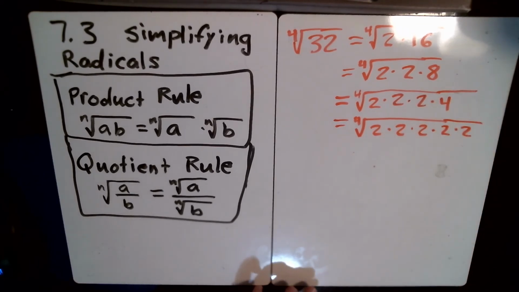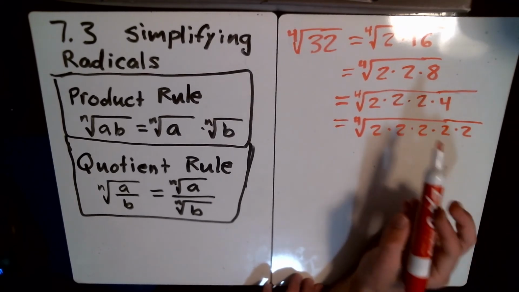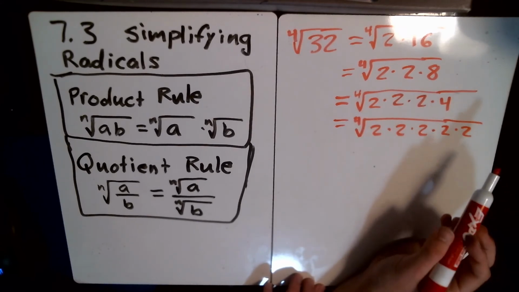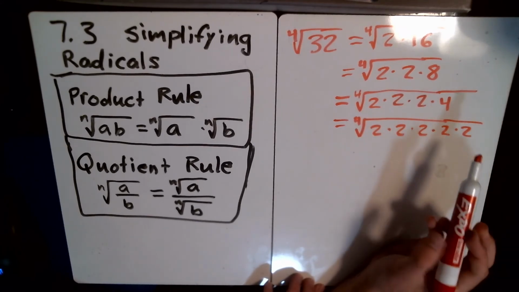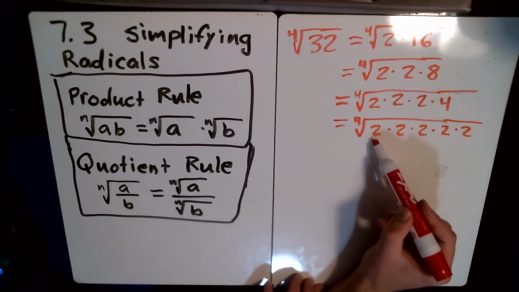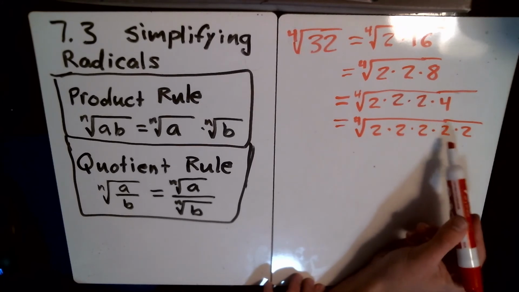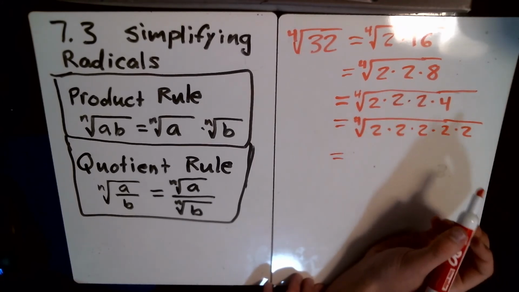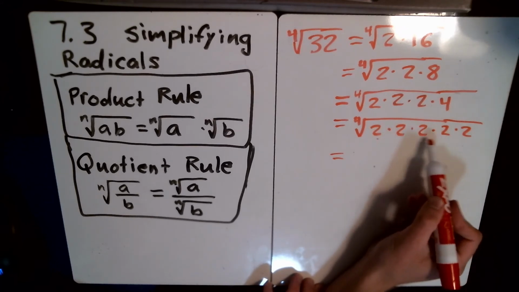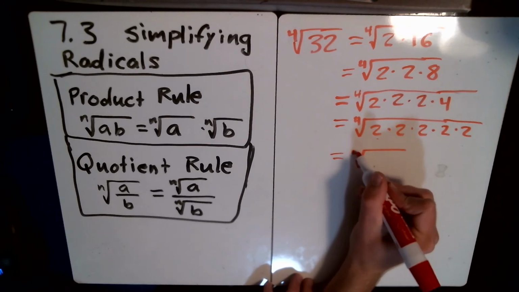Okay, so I'm just finding the prime factorization of this number to see, well, this is a 4th root, so I'm looking for 4th powers of a number I can cancel out. Okay, so we've got a bunch of 2's here. In fact, we've got 1, 2, 3, 4, 5 2's. So if I can combine 4 of the 2's together, that can cancel out with the root.